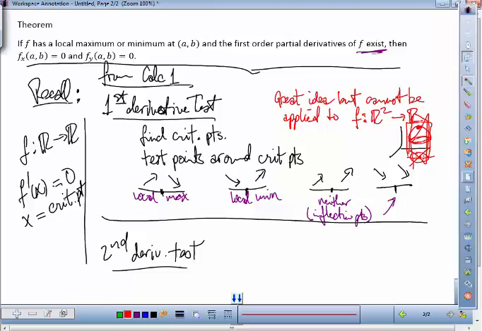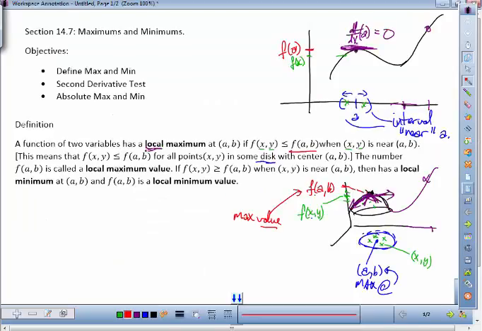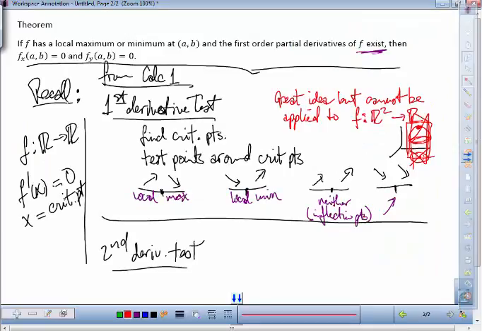In Calc 1, you check the limit by going from one direction and from the other direction, so there's only two directions to get there. But in Calc 3, when we're talking about 3 dimensions, there's more than two ways to get there. There's an infinite number of ways to get there.